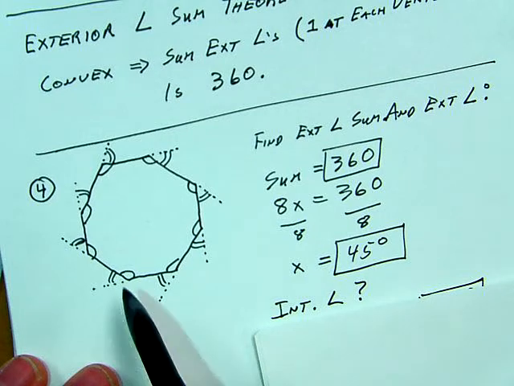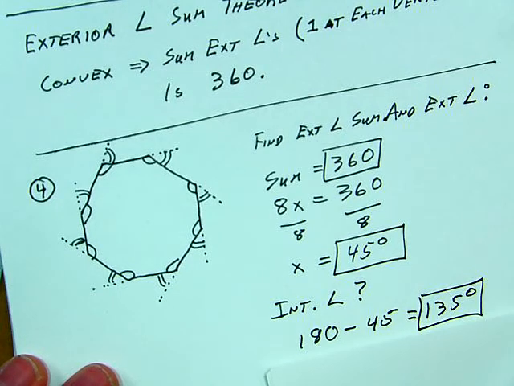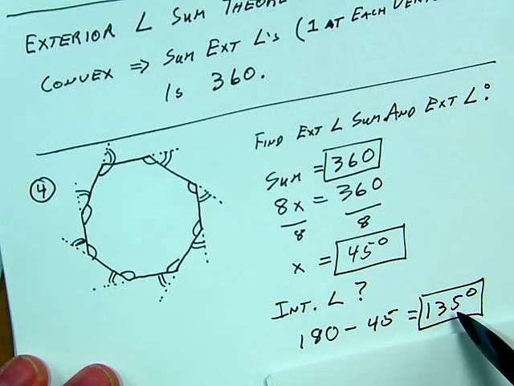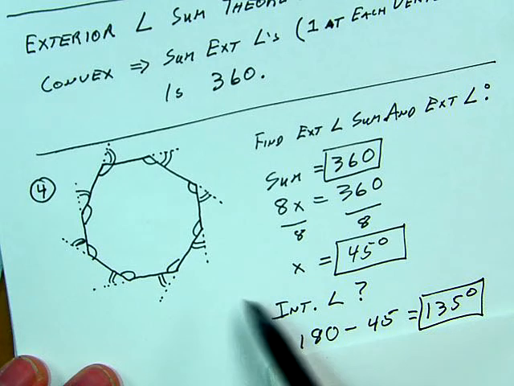Well, we know that the interior angle is just the other half of the linear pair, or flat line, so the interior angle is 180 minus 45, which is what our exterior angle was, and that leaves us with 135 degrees. So we now know that all of the interior angles are 135, and the exterior angles are 45.